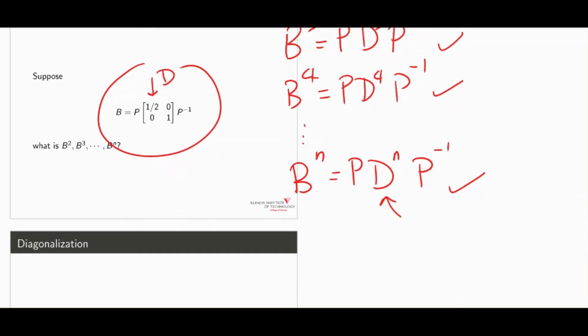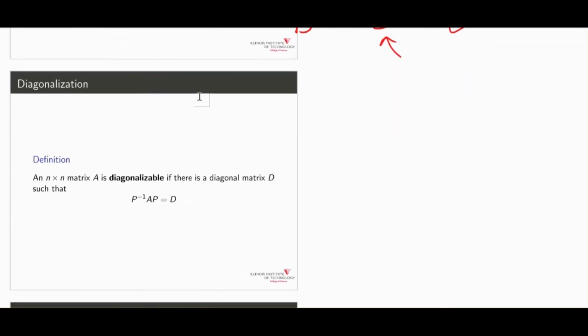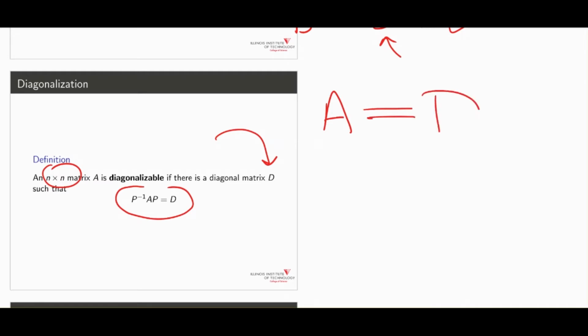After all these examples, we are now ready to talk about the definition of a matrix A being diagonalizable. The definition is this. An n by n square matrix A is diagonalizable if you can find a diagonal matrix D such that P inverse AP equals D. Obviously, it doesn't mean that A equals a diagonal matrix, because you can't change a non-diagonal matrix and make it equal to a diagonal matrix.